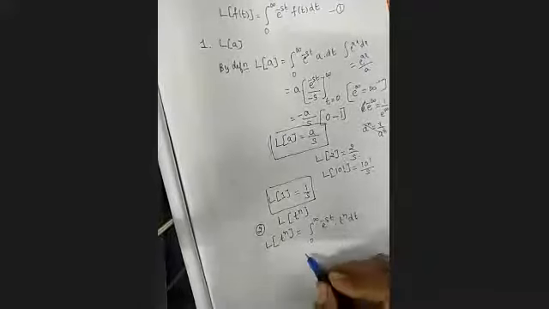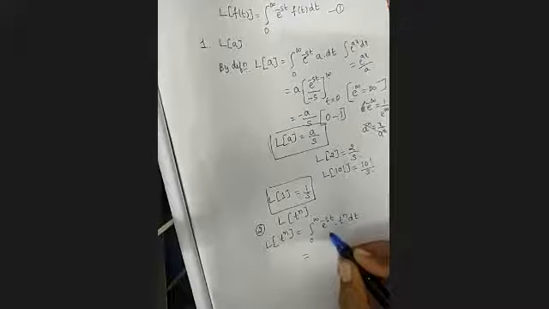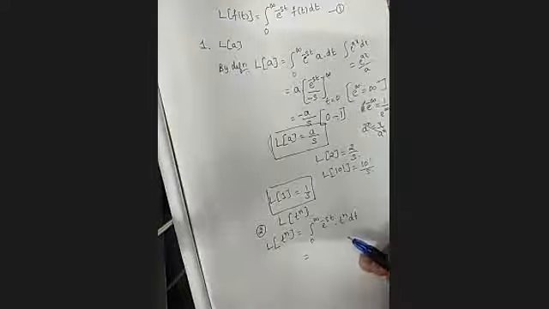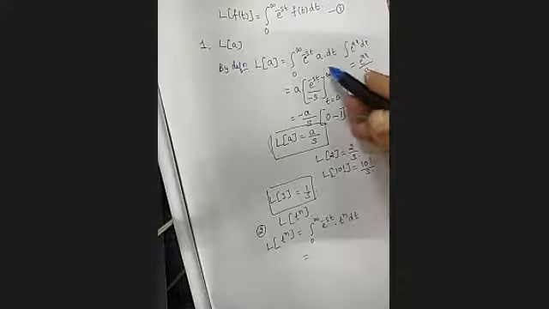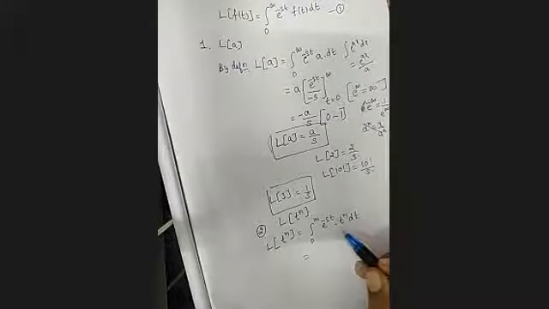Now, can I take t raised to n outside? How we have taken a out? No, we cannot because it's a function of t. Here a was constant. So what we have to apply here? We have it as a product of functions, so we have to do it by integration by parts.